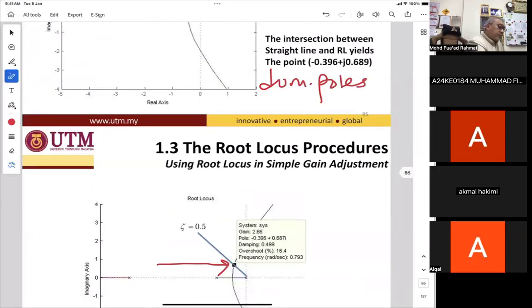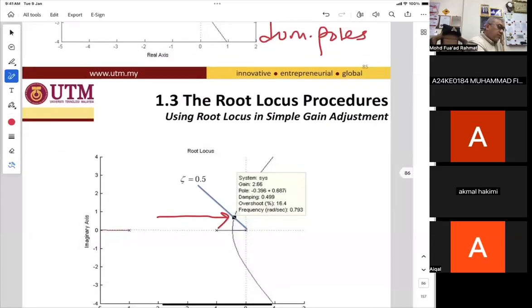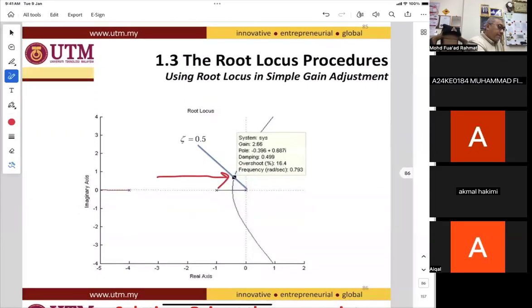Muhammad Firdaus, what is the dominant pole's value in this case? 0.6. Not understood, wrong. Aulia Sadikin, what are the dominant poles in this slide 86?